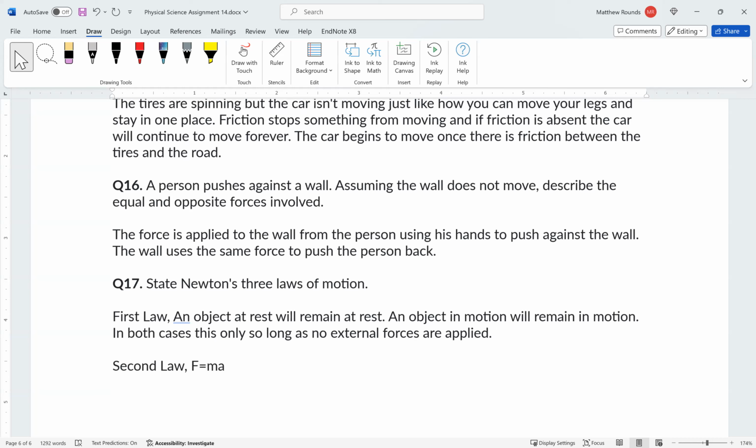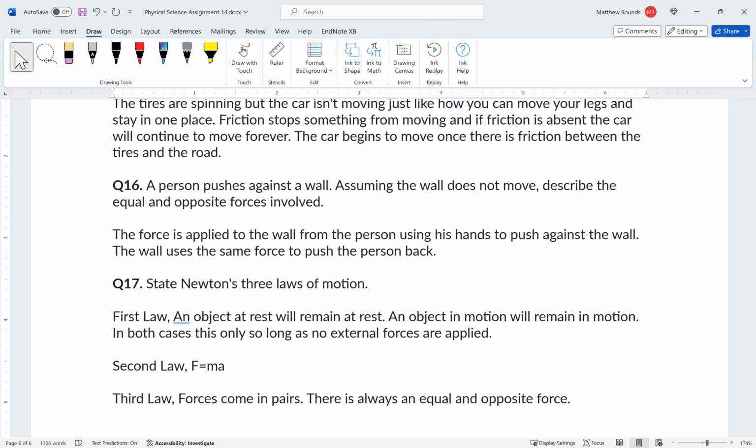Okay, the second law is F equals ma. That's it. Awesome. So we've been doing a bunch of that. The third law, we've also been doing a lot of, it's that basically forces come in pairs. There's always an equal and opposite force.